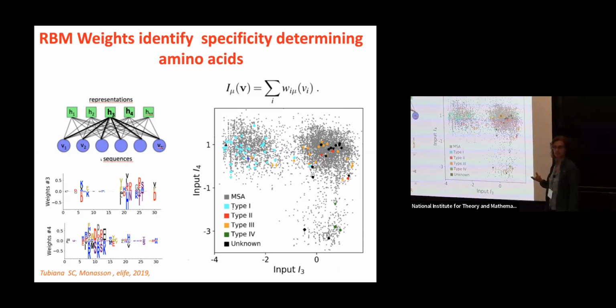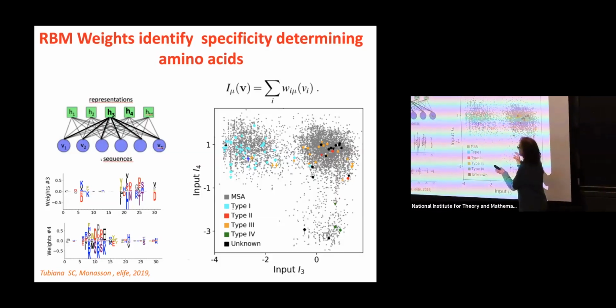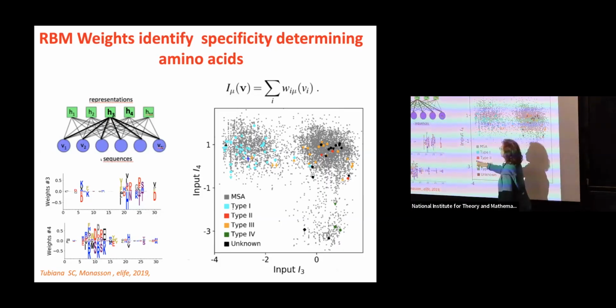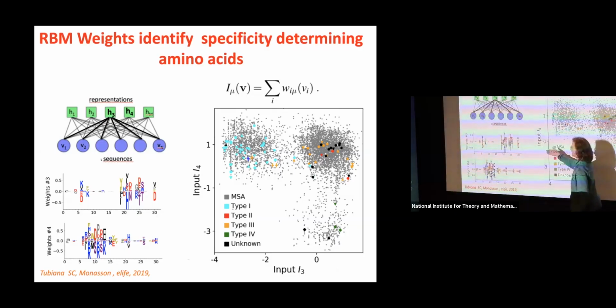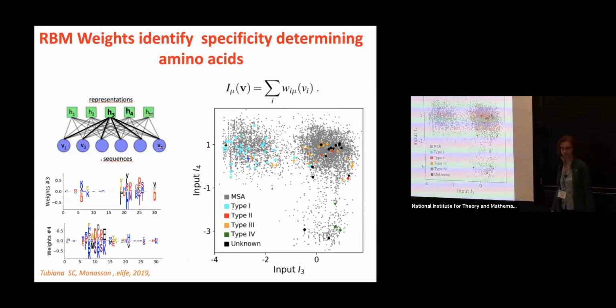So in this regime we chose, which depends on the regularization, we can really interpret the weights as binding motifs. So you have to have these amino acids in these positions to have negative inputs to hidden unit 3, so to be of class 3, okay?